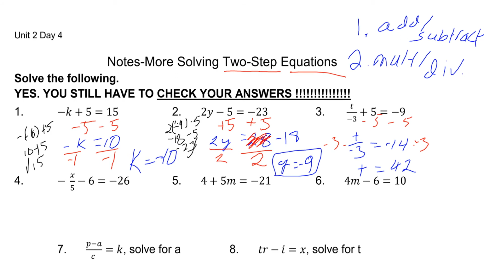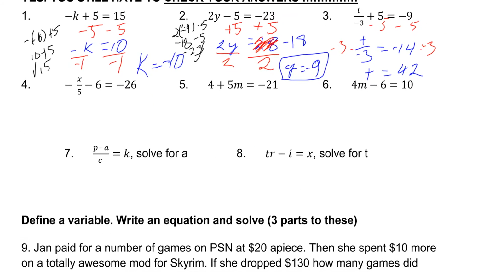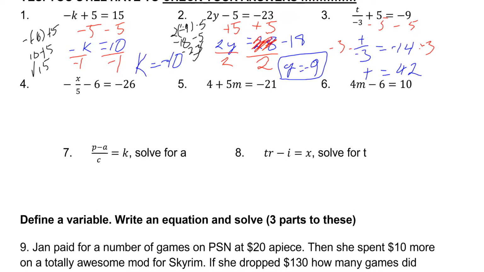Okay, so next one. More fractional things. Ooh, scary. All we got to do is add 6 to both sides. So we add 6, and that's going to be negative x over 5 equals negative 20.